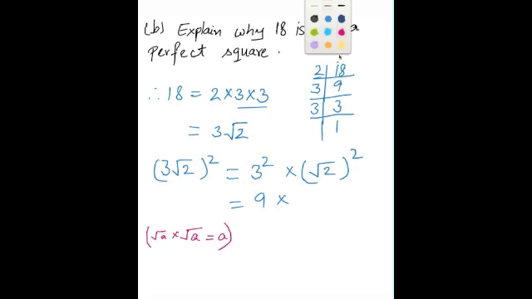Therefore root 2 times root 2 gives you value of 2, so 9 times 2 is 18.